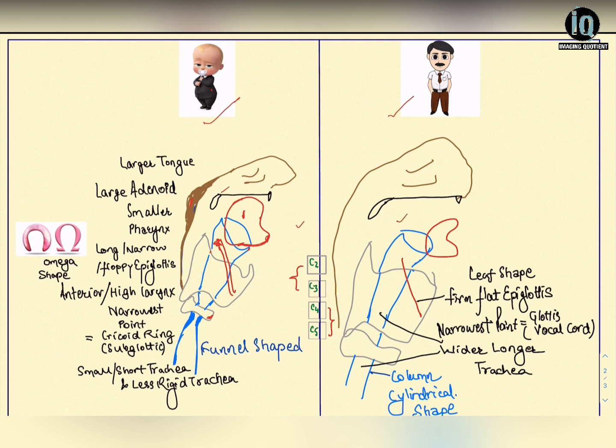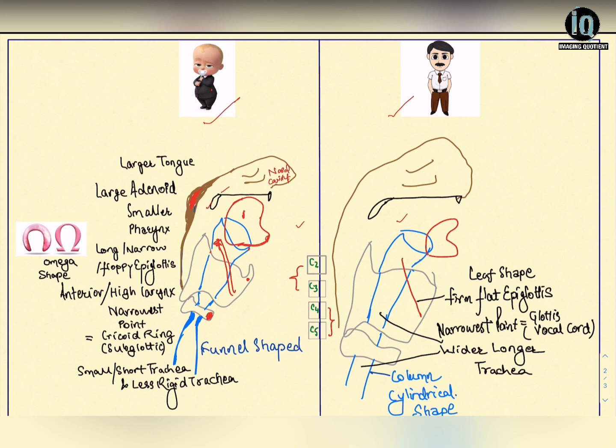This here in black color is the hard palate, this is the soft palate, this here is the tonsil, adenoids, and this is the nasal cavity. This is the thyroid cartilage, this is the cricoid cartilage.